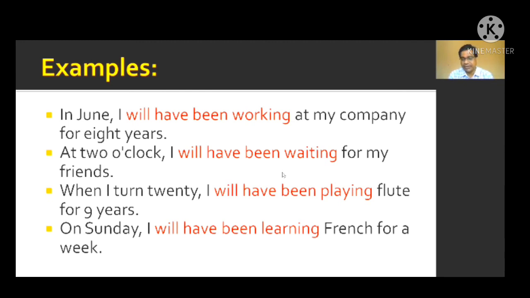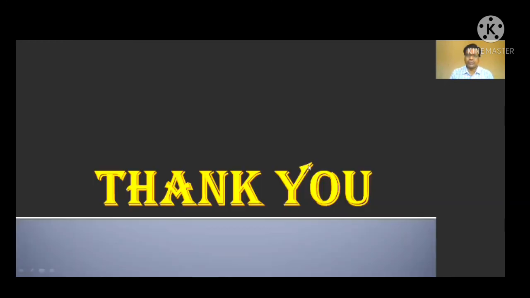Have been, perfect form or the perfect tense. Learning, progressive form or continuous form, or progressive or continuous tense, as you say. So this is how all these sentences are expressed in future perfect continuous tense. So these are the different types of tenses.